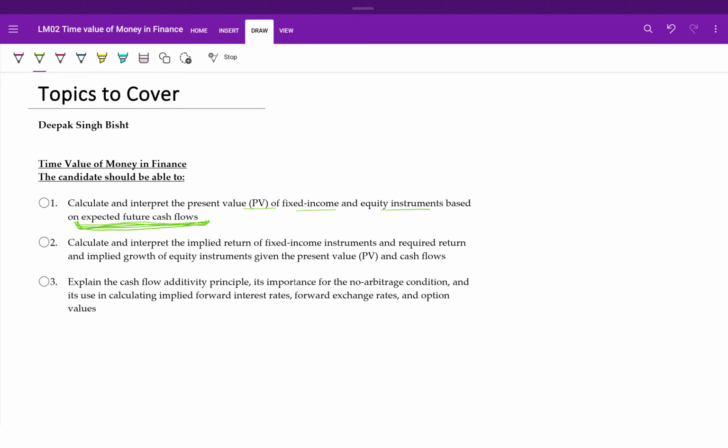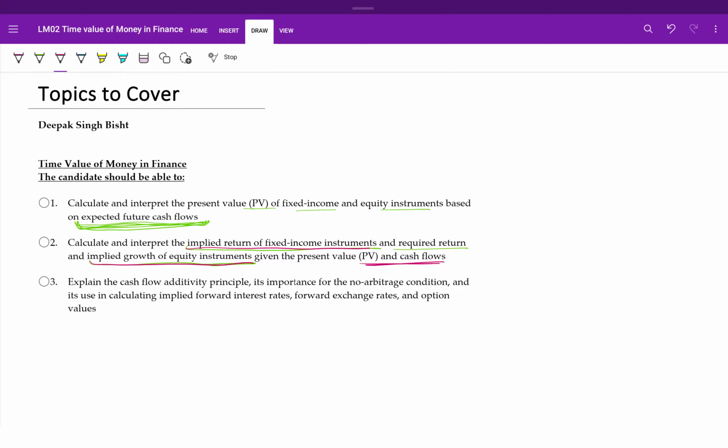Just remember this thing. The second LOS here is calculate and interpret the implied return of fixed income instruments and the required return and implied growth of equity instruments. So return for fixed income and growth for equity instruments given the present value and cash flows.